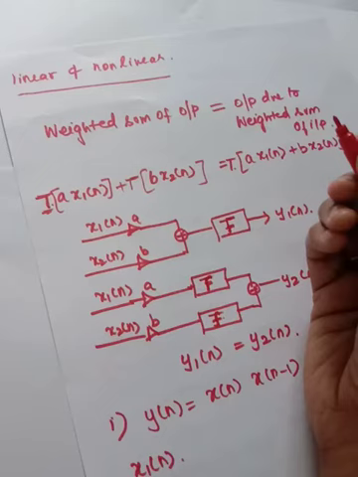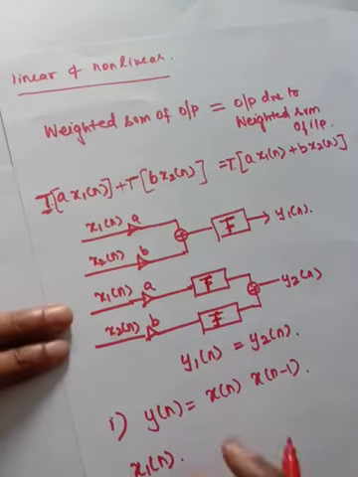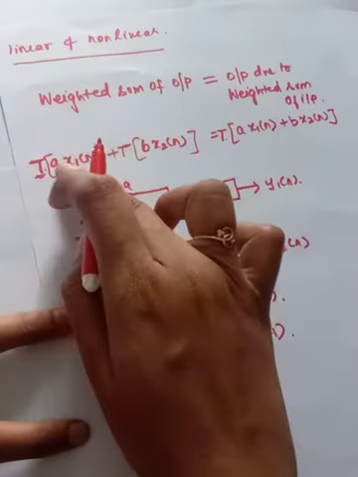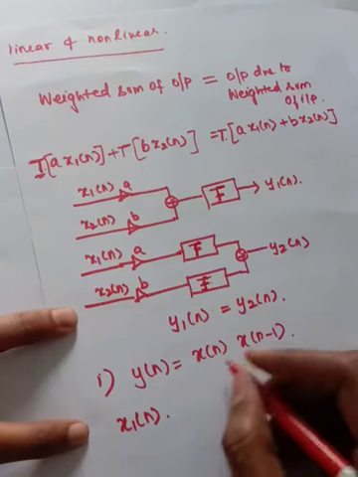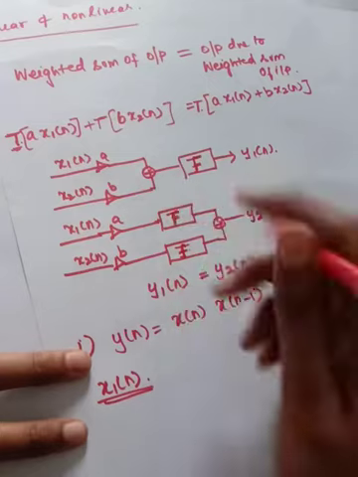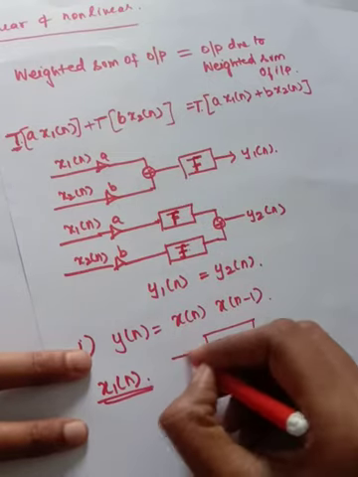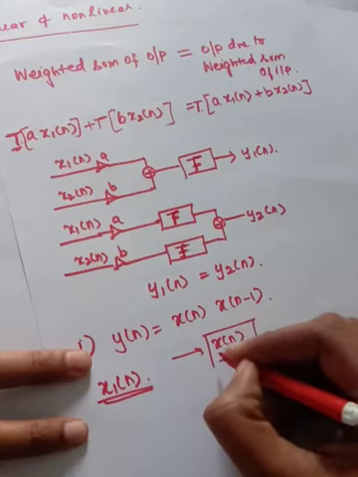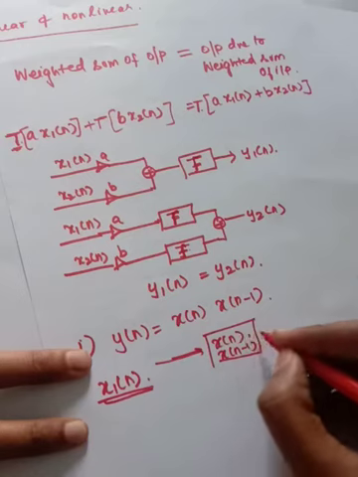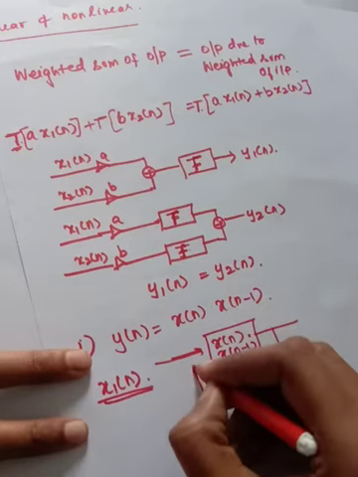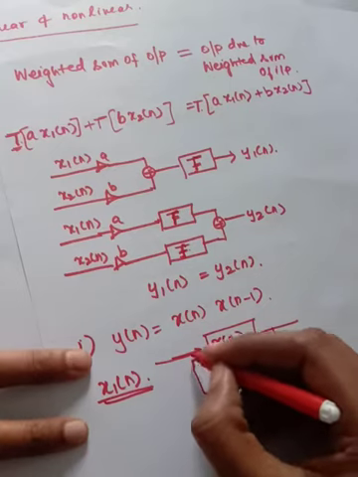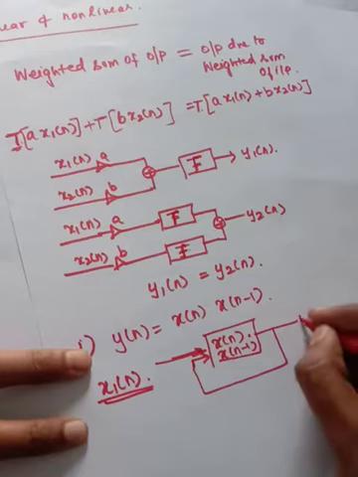Here, first I am going to check this condition. Consider I am giving x1 input alone. The system performs x of n into x of n minus 1, where x of n minus 1 represents the previous value; you just need to give two inputs, and it produces y of n.